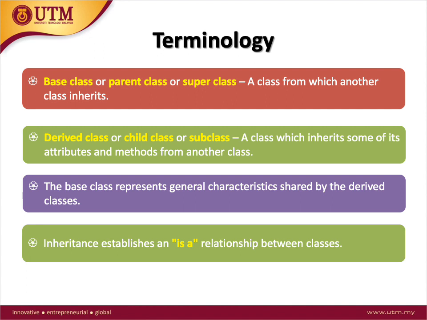And the derived class, which we can also call a child class or subclass, is a class which inherits some of its attributes and methods from another class, meaning from the base class. The base class represents general characteristics shared by the derived classes.